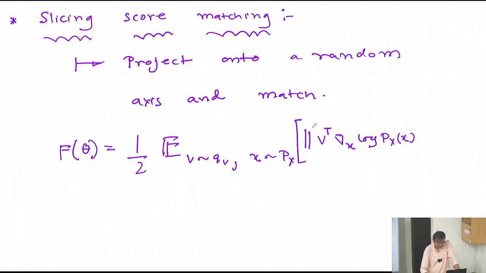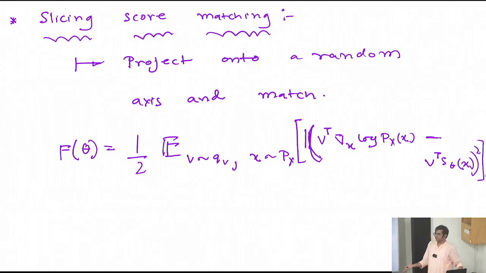And minus, for S also you will project. So V transpose S theta x square. Square, not norm, because you projected it onto one axis, so it becomes a scalar.